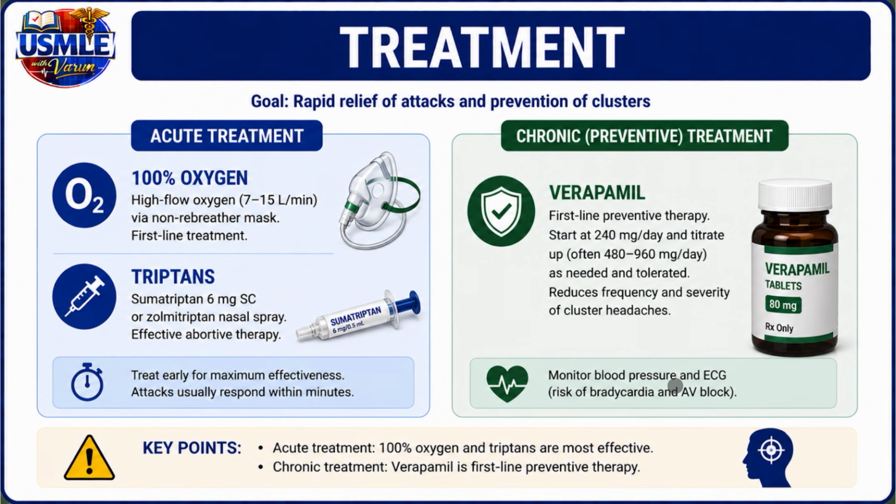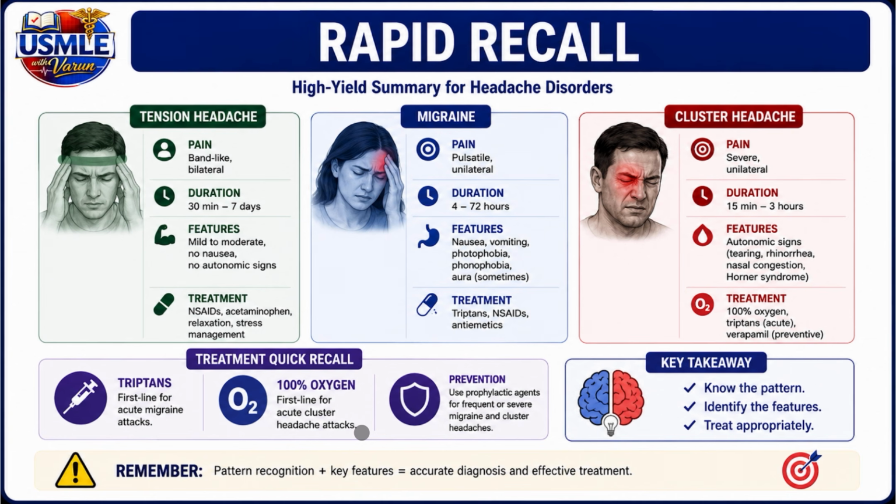We need to monitor blood pressure and ECG whenever a patient is being given verapamil because of a risk of bradycardia and atrioventricular block. So acute treatment is with 100% oxygen, and triptans are most effective, whereas chronic treatment is with verapamil, which is a first-line preventive therapy. And whenever patients are prescribed verapamil, we need to monitor blood pressure and ECG regularly.